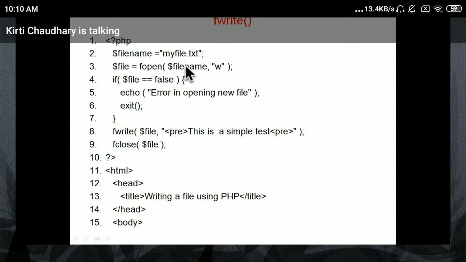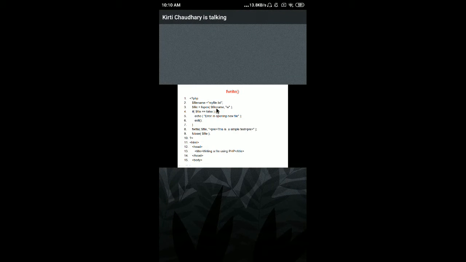So now, see, the file is available. The file myfile.txt is available with me. It is available on hard disk, and I want to read and write in that particular file.